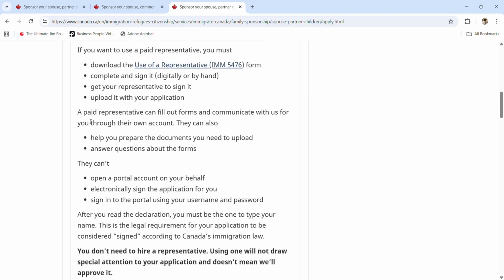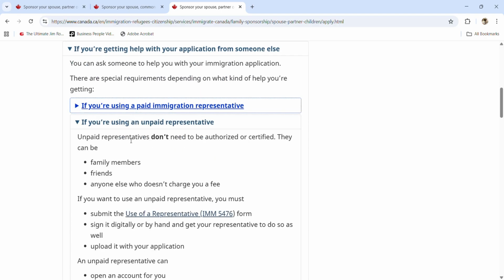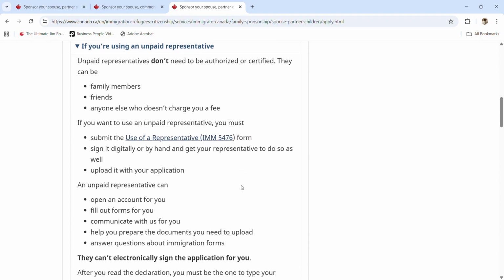However, if you use an unpaid representative, like family members or friends or anyone else who doesn't charge you a fee, then the form IMM 5476 needs to be signed by both, and then you upload it in the system.